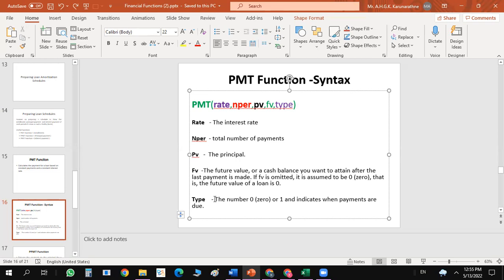Usually loan installments and lease installments are paid at the end of the period. The lease initial deposit or down payment may be at the beginning, right? No problem. But usually it depends on the loan agreement. Usually loan installments are paid at the end.